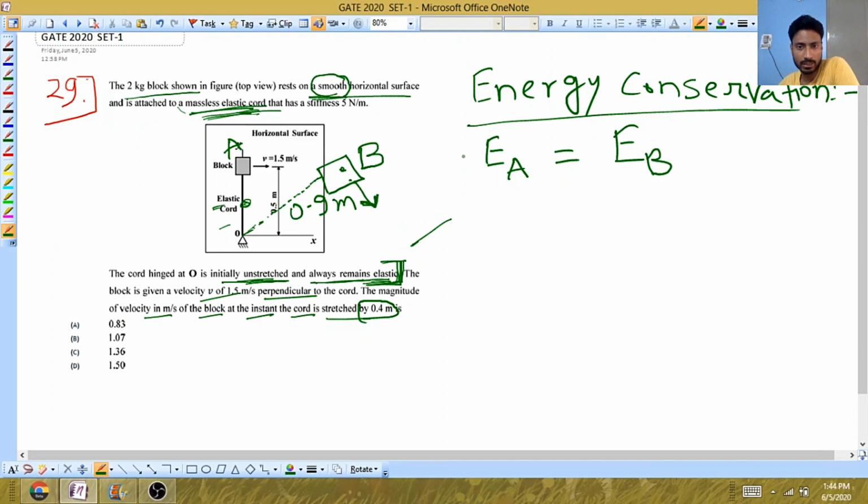So what will be the total energy at A? You can see what things are observed at A. You have been given the velocity of 1.5 meter per second at position A. So there will be kinetic energy. We know kinetic energy is half m v, I am taking this velocity as vA squared.